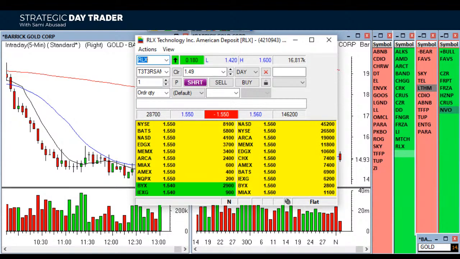Can you make a more detailed example of what entry level price you would put? So I don't exactly know what you mean. So that's the bid, that's the offer. When the offer is really weak and the stock is bullish and is about to break out, that's when I jump in long.